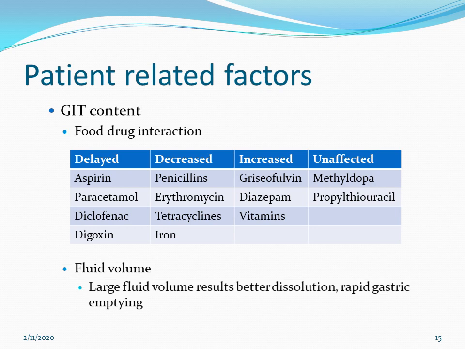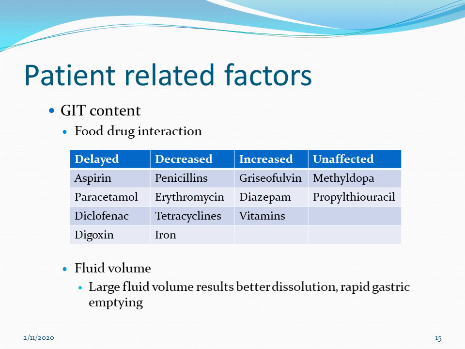Moving towards the gastrointestinal contents. Very first point, that is food-drug interaction. The presence of food in the GIT delays the absorption of drugs like aspirin, paracetamol, diclofenac and digoxin, while the presence of food decreases the absorption of penicillins, erythromycin, tetracyclines and iron.